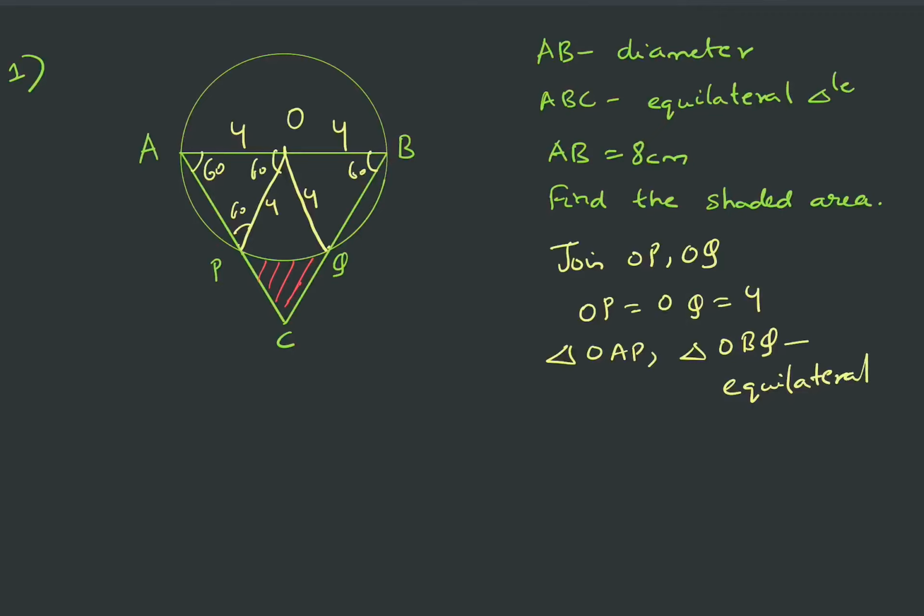Fine. So then this is 60 and this angle is also 60. So angle POQ is also 60 degrees and OP is equal to OQ is equal to 4 units, right? So basically triangle OPQ is an equilateral triangle.